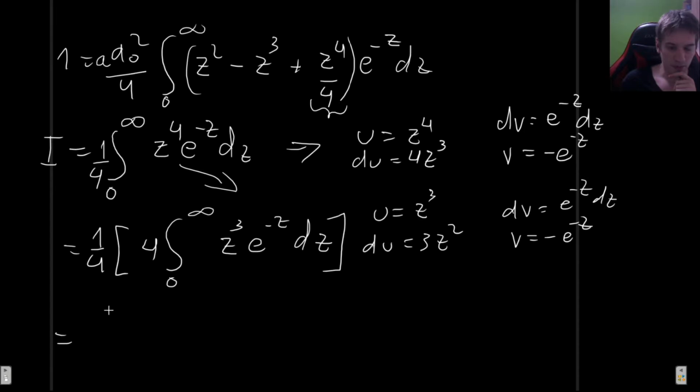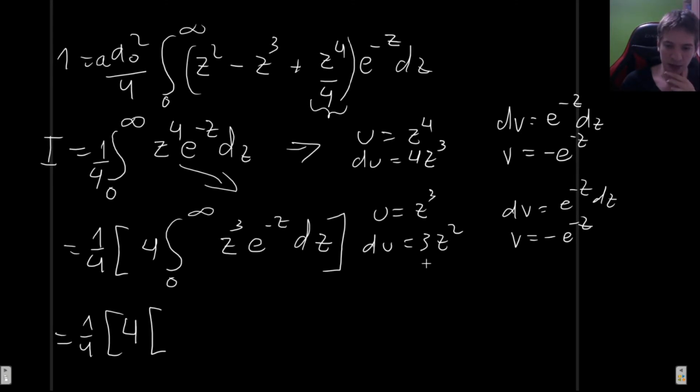So when we now solve this integral, we get, well, 1/4 times 4 times the first term is minus z cubed times e to the minus z. But that's just 0, same thing as before, because when you evaluate it at infinity and 0, it will be 0 both times.